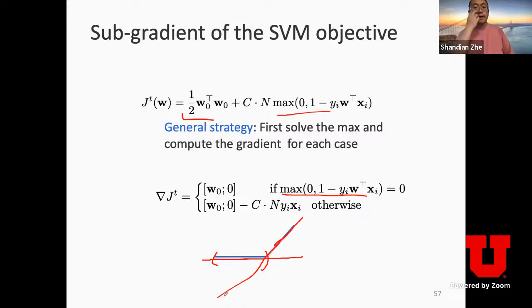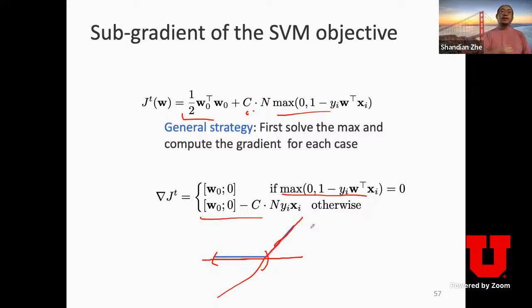So you use the slope of that line, which is minus yi xi. Of course, you need to multiply by C and n in front of it. Then you get your full subgradient to be the gradient of the regularization term minus C n yi xi. In this way, we addressed the gradient computation issue.